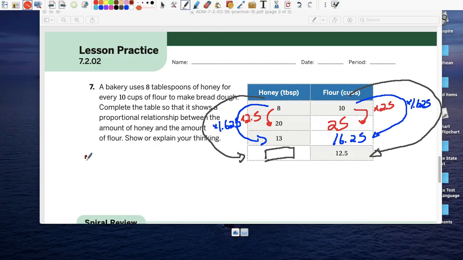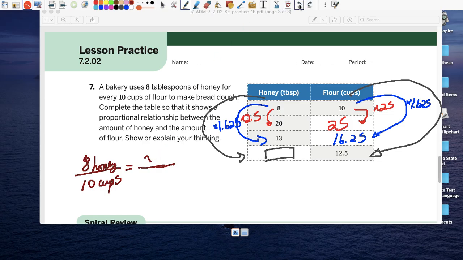So I have 8 tablespoons of honey for 10 cups of flour. So I'm going to use a proportion. Maybe this helps you. So 8 tablespoons of honey for 10 cups of flour, and then I know that X tablespoons of honey.